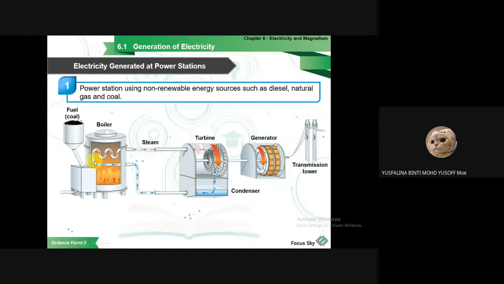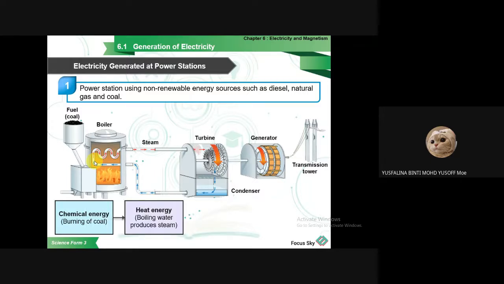So let's see how the energy changes during this process. The first one is chemical energy. It comes from the coal. After that it will burn and become heat energy. This heat energy will turn the water to steam, and then the steam, as you already know, has a high pressure. It will rotate the turbine.